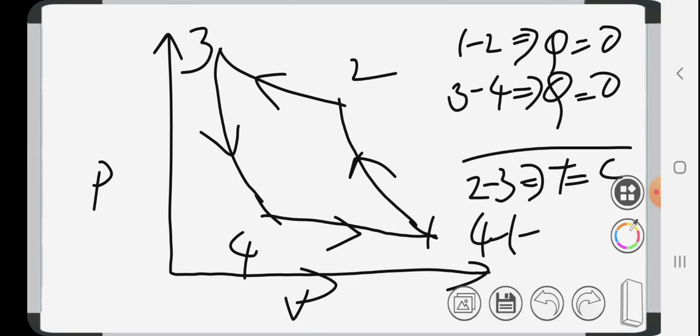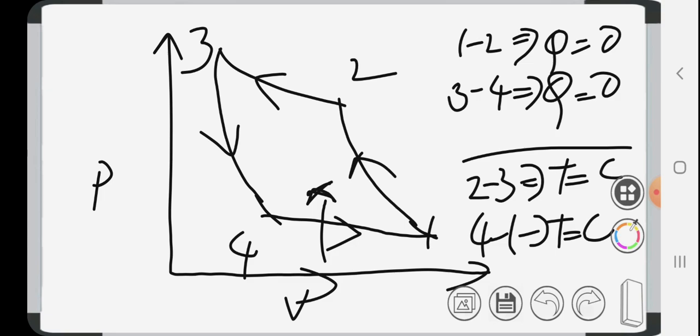In process 4 to 1, temperature will be constant, but there will be a heat transfer. Since expansion is taking place, the working fluid air expands. How should the heat transfer be done, whether heat rejection or heat addition?